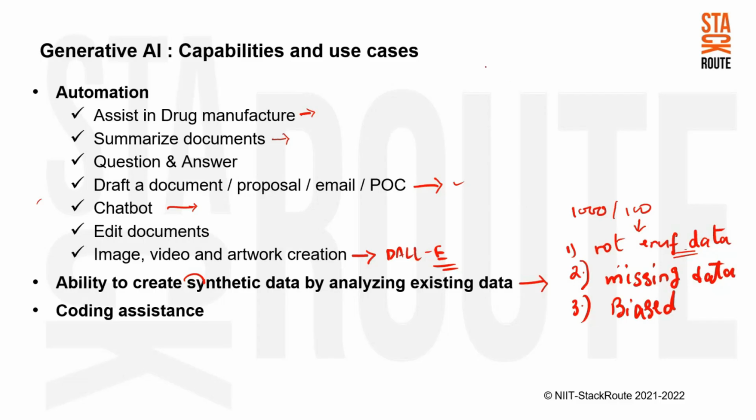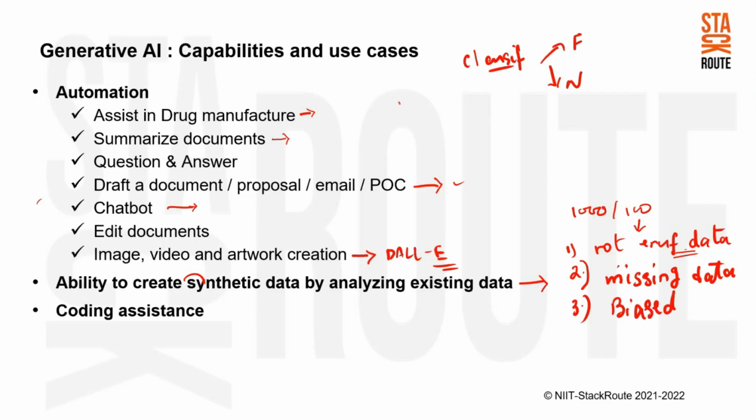Now, let us say that you are given a task of building a classification model to identify whether a credit card transaction is a fraudulent transaction or a normal transaction. This is given by some bank, and every transaction has to be predicted as a good transaction or a fraudulent transaction.